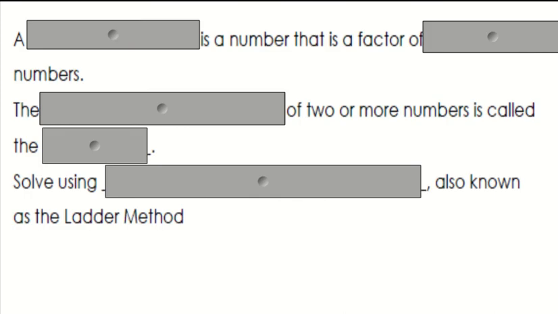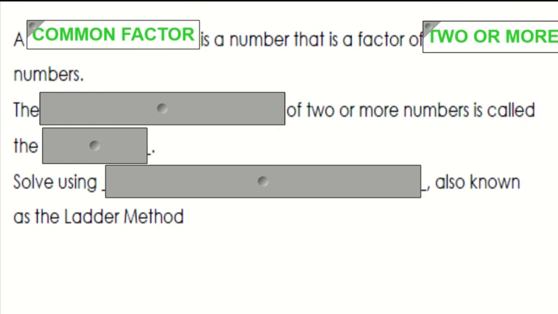All right, on page 15 then. A common factor is a number that is a factor of 2 or more numbers. What's a factor, though?